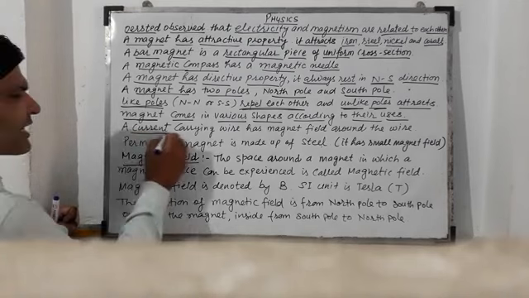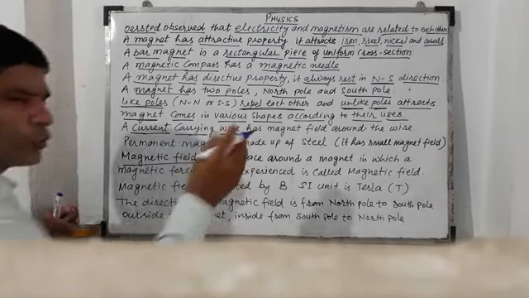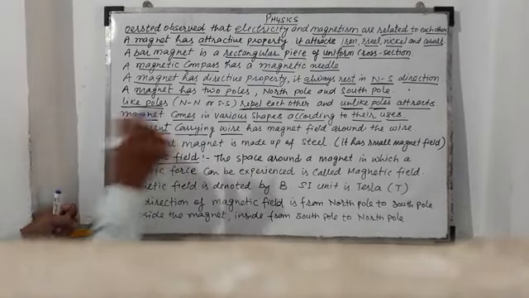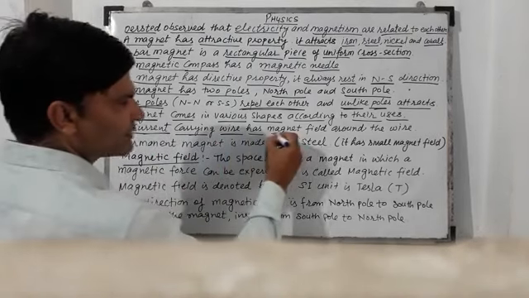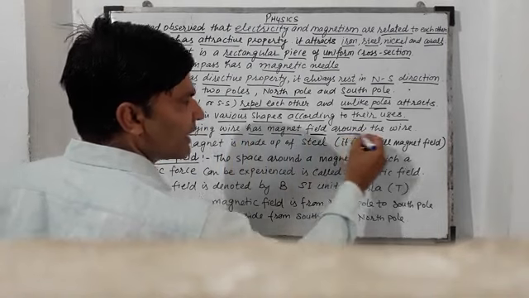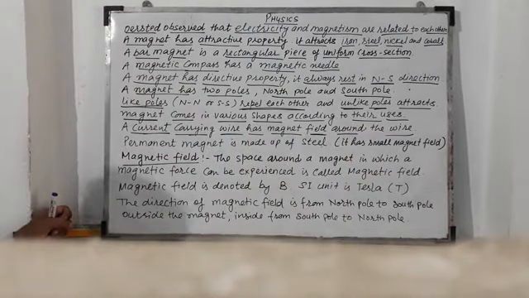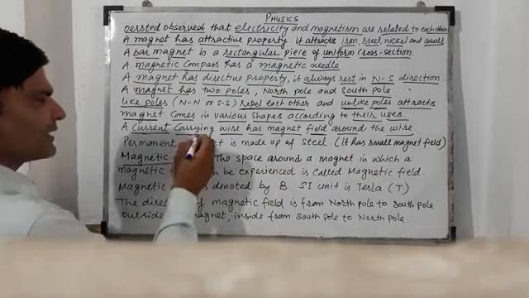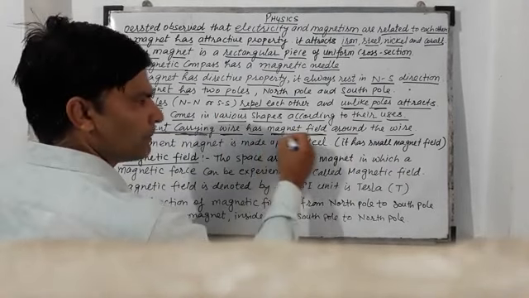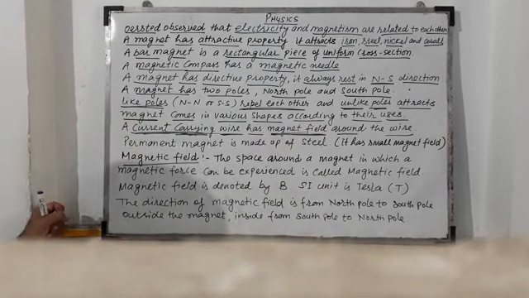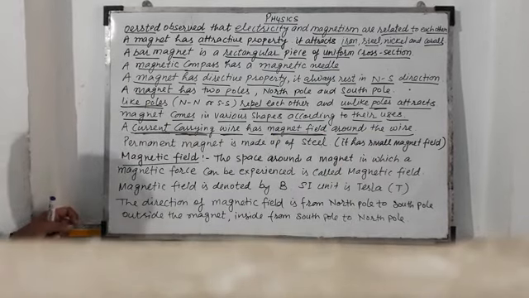Now a current carrying wire or conductor, because a wire is a conductor, has a magnetic field around the wire. It means it produces a magnetic field. A current carrying wire produces a magnetic field around the wire.